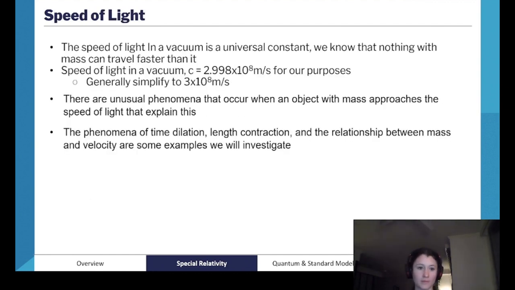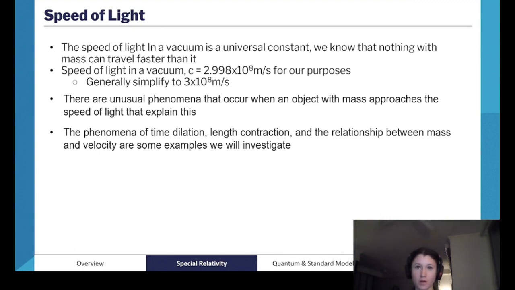Alright, now let's get on to the speed of light. So the speed of light in a vacuum is a universal constant. And we know that nothing with mass can travel at or faster than the speed of light.